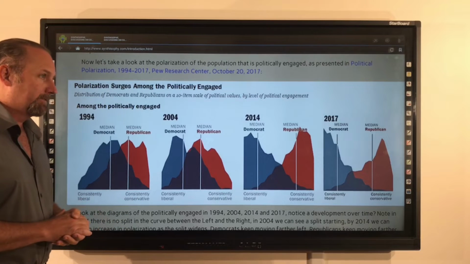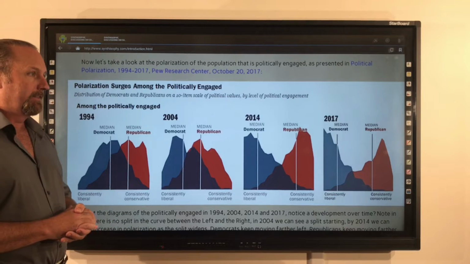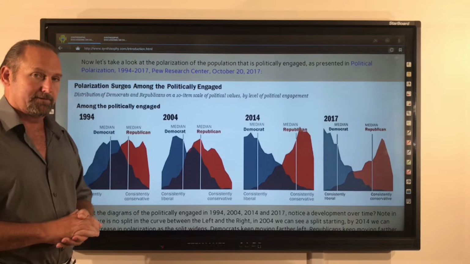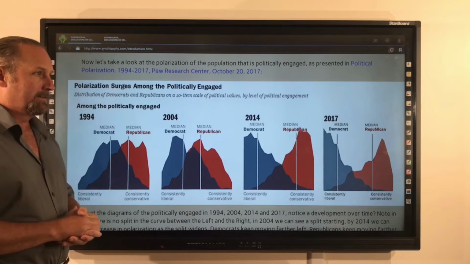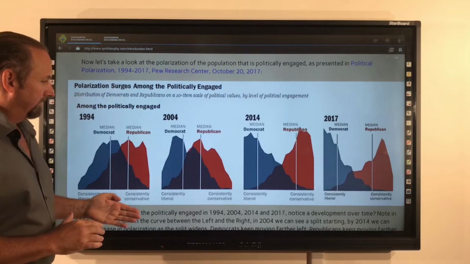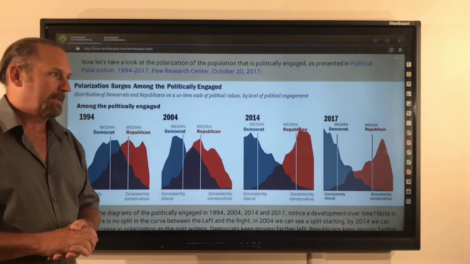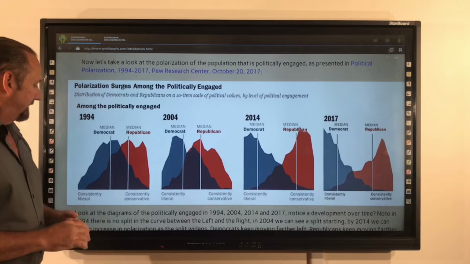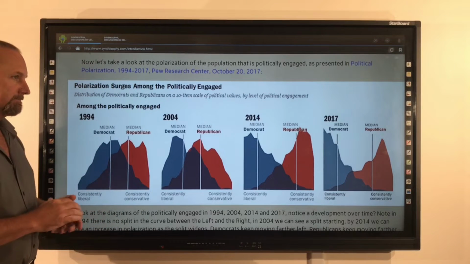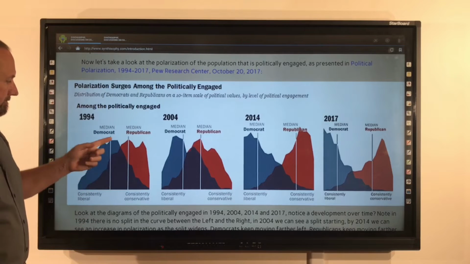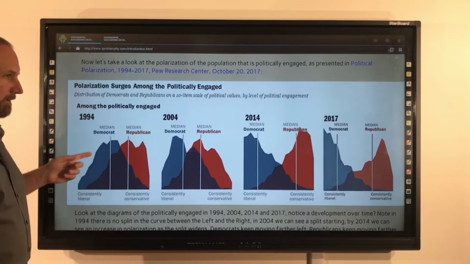Looking at the diagrams of the politically engaged in 1994, 2004, 2014, and 2017, you see a development over time. Note, in 1994, there is no split between the left and the right. Kind of looks like a bell curve.